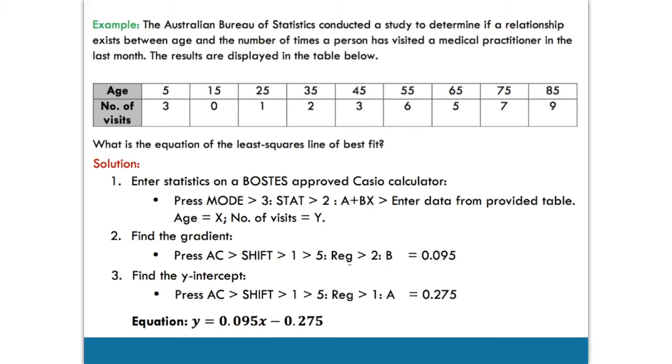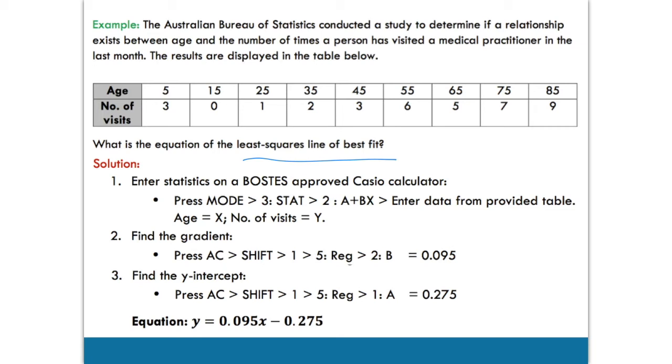Basically, I've put the steps here of how you find the least squares line of best fit using your calculator. I highly suggest you keep practicing this in your study and learn by heart how to find this using your calculator, because in the exam it just saves a lot of time.